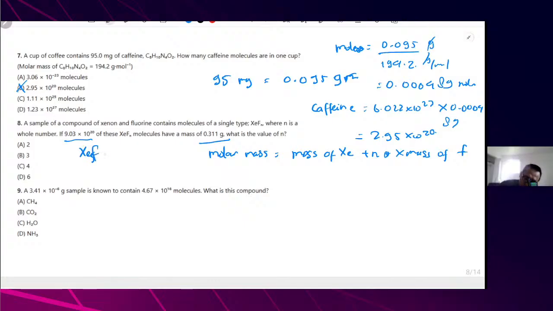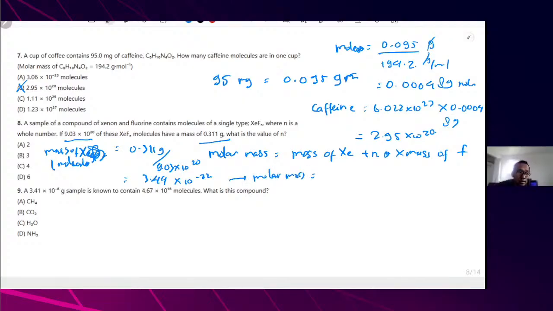Let me think first. 0.311 gram divided by 9.03 times 10^20. So now we know the mass of one molecule: 3.44 times 10^-22. And then how about the molar mass? The molar mass is, we need to use this value times Avogadro.